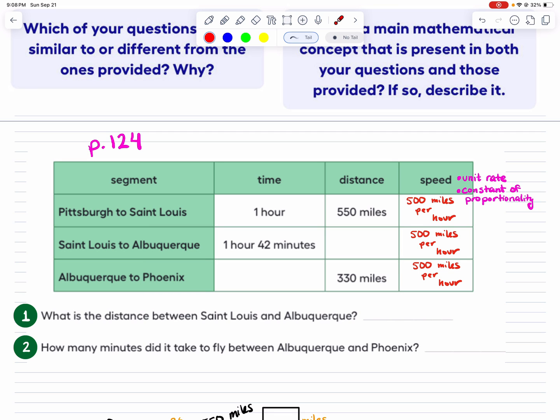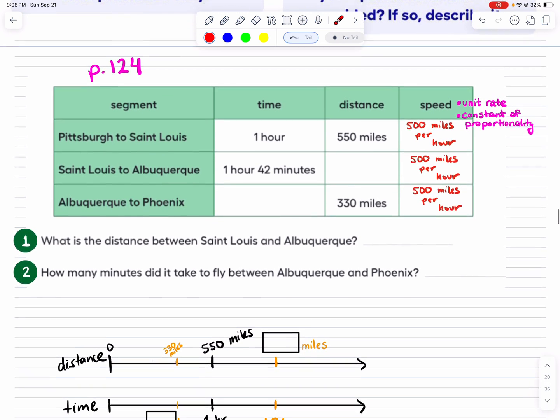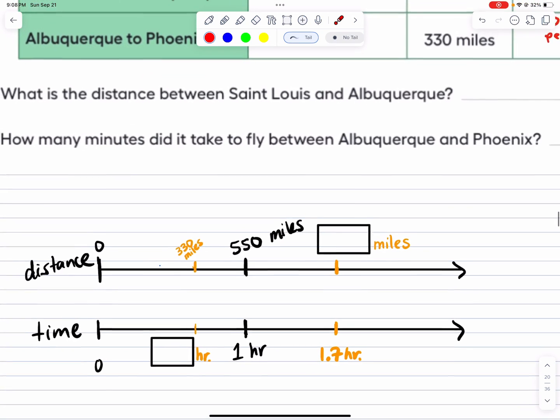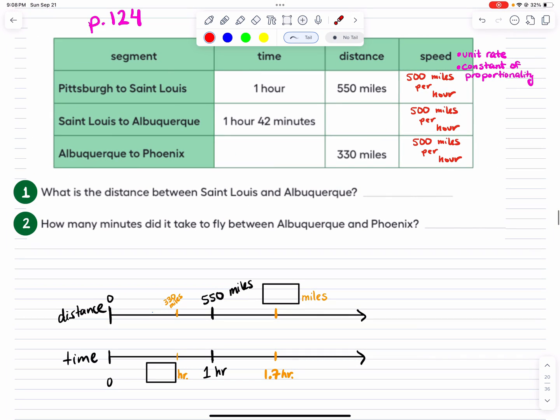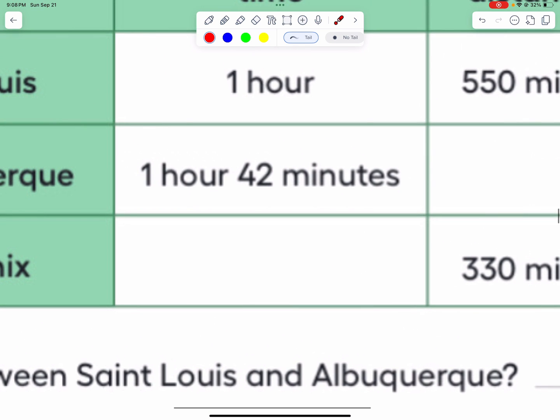If you're looking at this and going, how do you even do this? Well, think about it as a double number line. I'm literally just putting the information we have. We have 550 miles in 1 hour right here. Notice that this here is in minutes also. If you divide it by 60, you get 0.7.